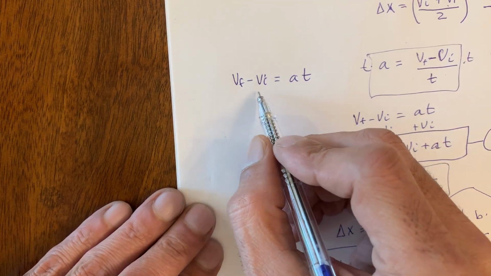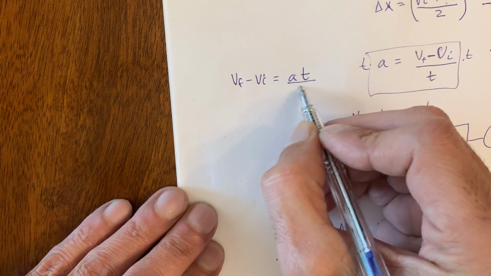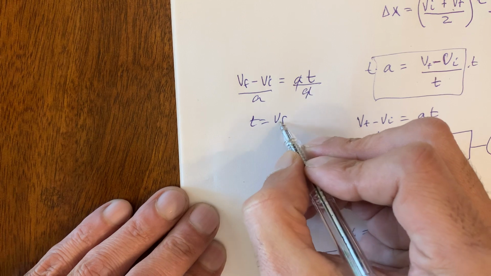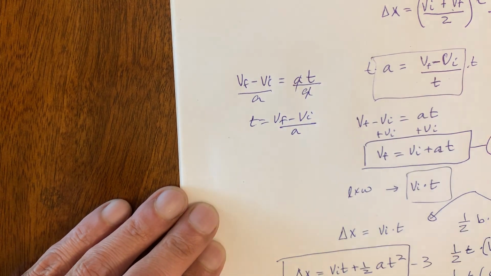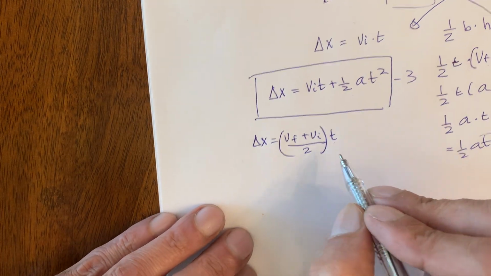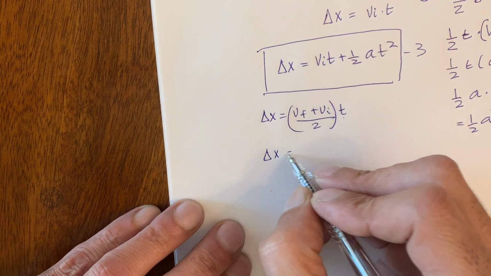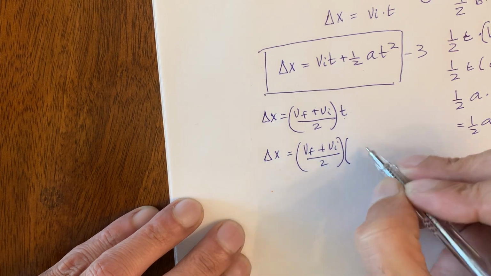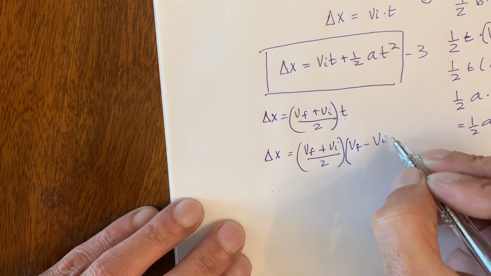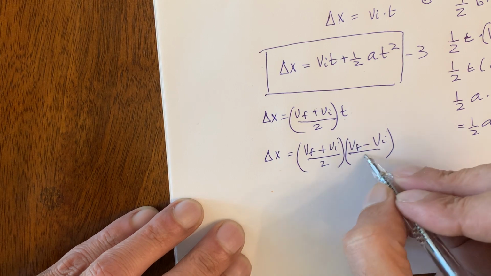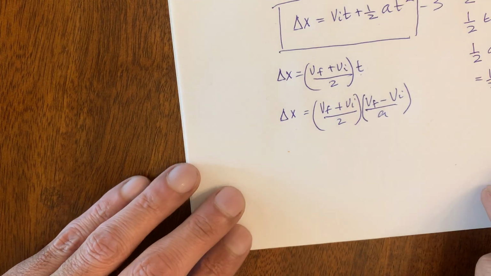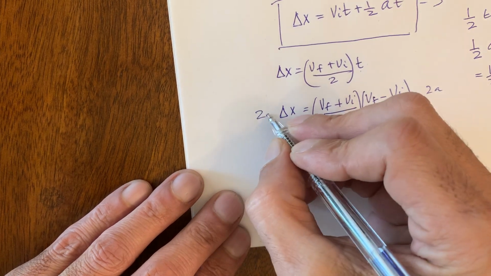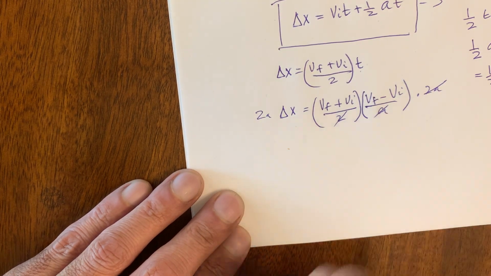Right here, if VF minus VI equals A times T, and I divide both sides by A, I get T equal to VF minus VI over A. I'm going to put that here instead of this T. So in the next line, instead of T, I'm going to simply put VF minus VI over A. Then to simplify, I'm going to multiply both sides by 2 times A. That would make that and that cancel.